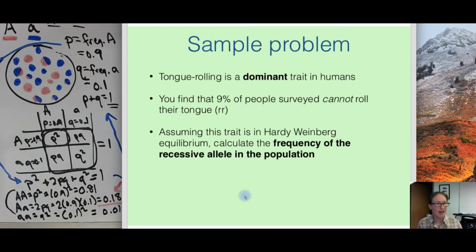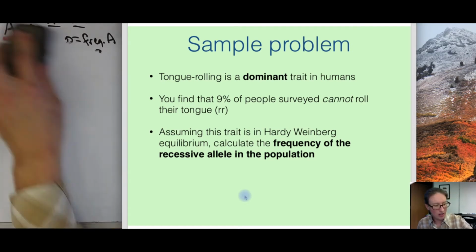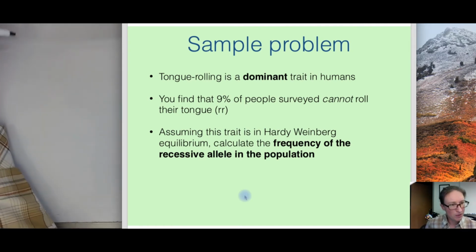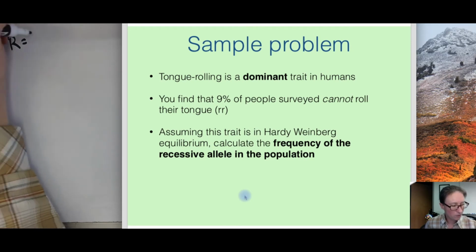So let's take a look at that. So let's say we're now thinking about one of my favorite human genetic traits, tongue rolling. And tongue rolling is a dominant trait in humans. So if we were to symbolize this, we might put a capital R for tongue rolling.